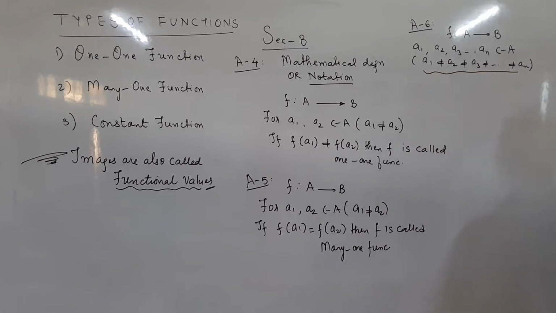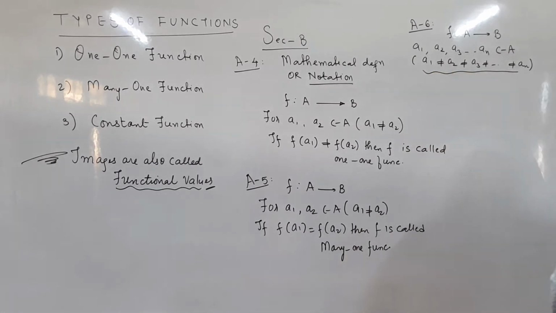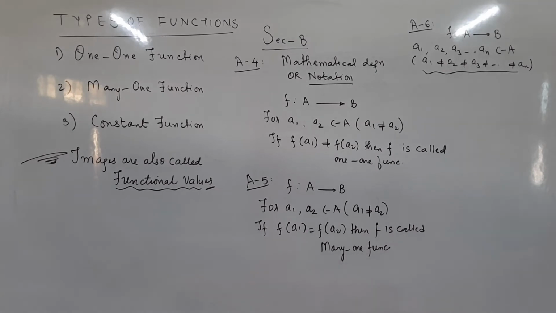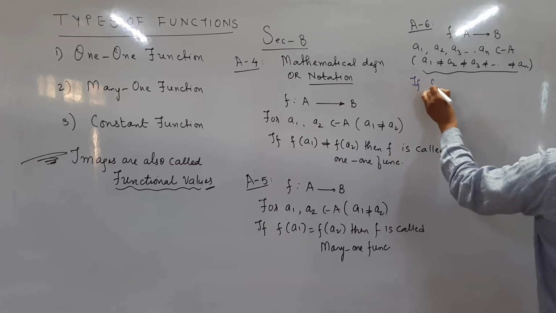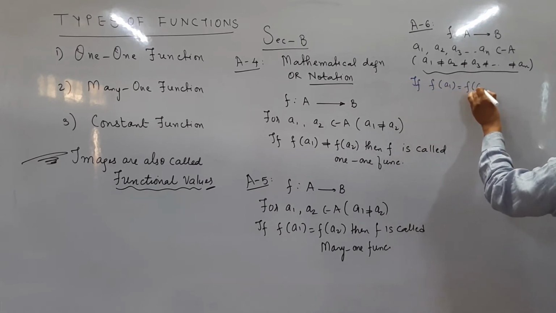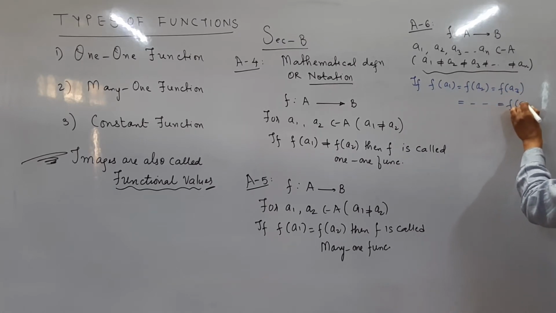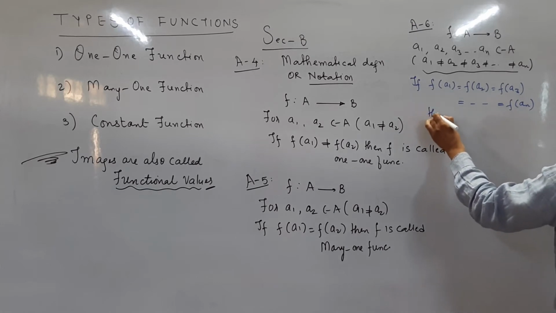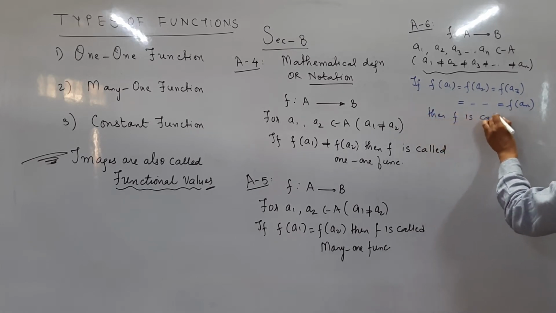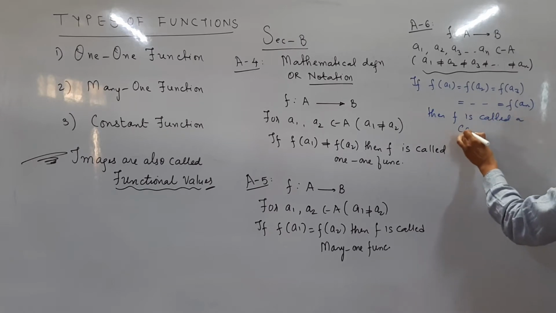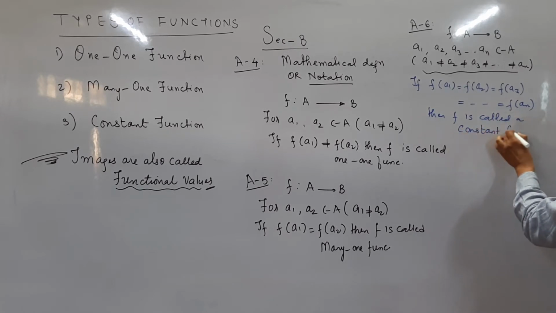This means all the elements of the domain are different, distinct or unique. What does this mean? a1 not equal to a2 not equal to a3 up to an means no two elements from a1 to an are the same. If f(a1) is equal to f(a2) is equal to f(a3) is equal to f(an), then f is called a constant function.